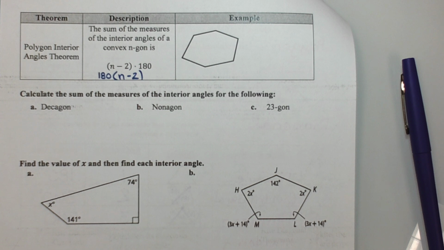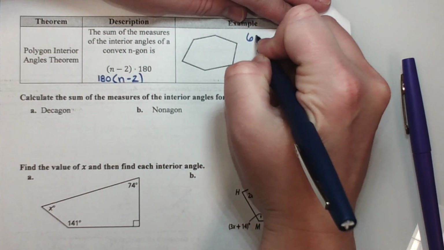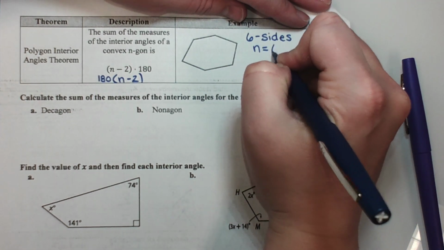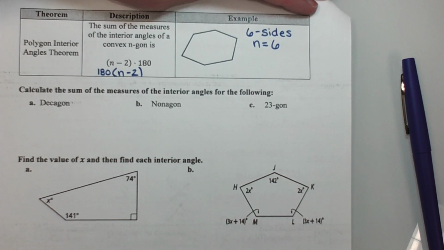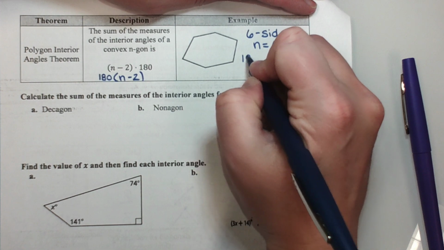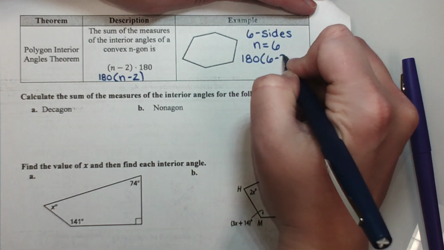So how does this apply? If I want to ask you what is the interior angle sum of a polygon, you need to know one thing about that polygon: its number of sides. I've got an example here. How many sides are pictured there? 6? 6 sides? That means n is equal to 6. n is the number of sides. So, I can do 180 times 6 minus 2.